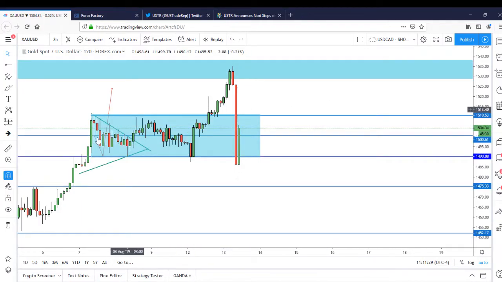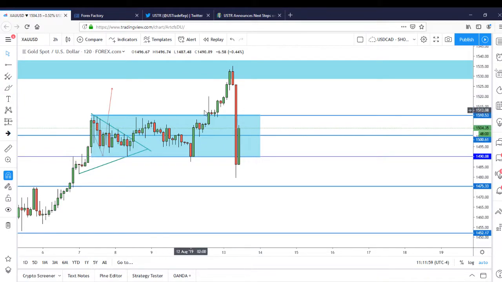So during yesterday's session, I remember from about last week Wednesday, we drew this consolidation box, and yesterday I did say if we get a break above this box or below it, you can enter right away. You don't have to wait for a retest or a rejection, because when you're in a consolidation box like this, the move outside of it, either above or below, is pretty aggressive in nature, so you can just enter right away.